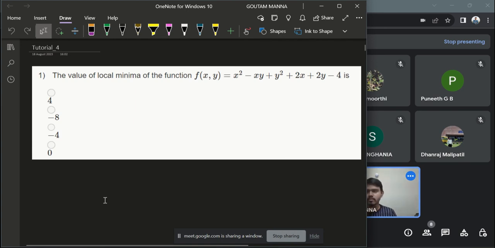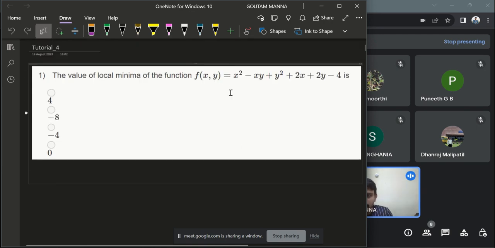Okay, the first problem is the value of the local minimum of the function f of x y equals x square minus x y plus y square plus 2x plus 2y minus 4. So we have to find the local minimum of this function.